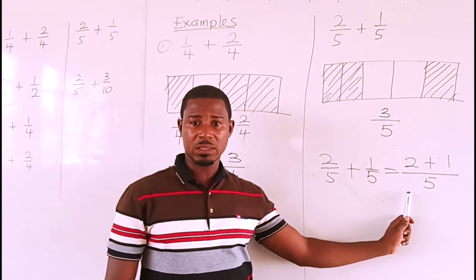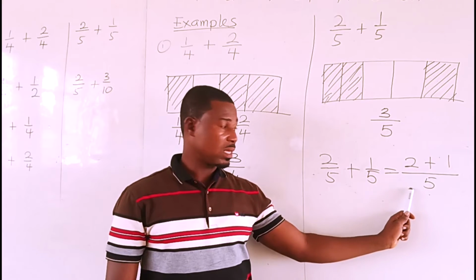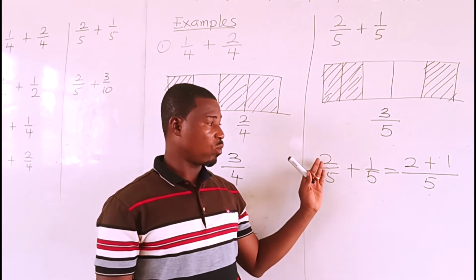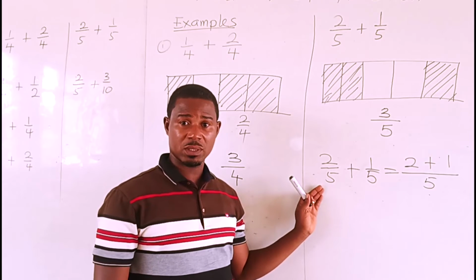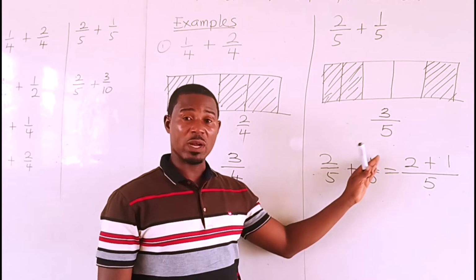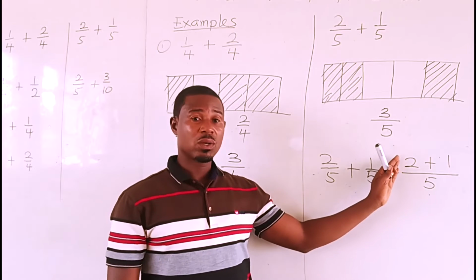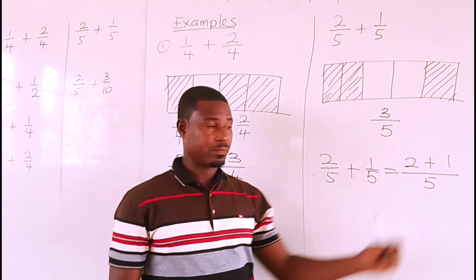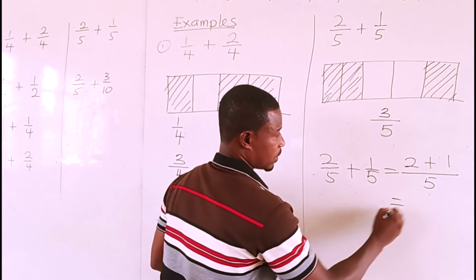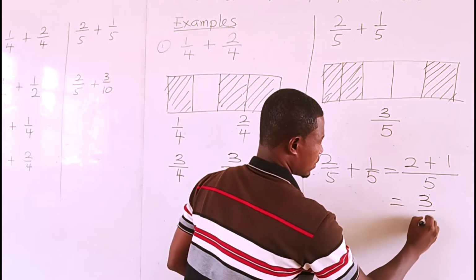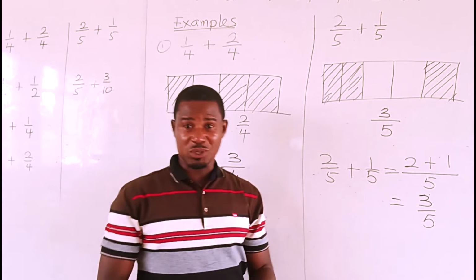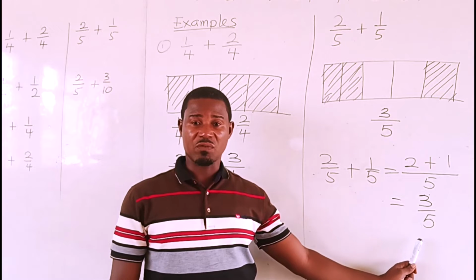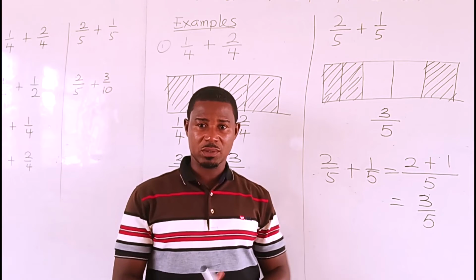This is how best we can interpret this problem. So 2/5 plus 1/5 will give us 2 plus 1, all out of 5. The result is obvious. 3 out of 5, or 3/5.